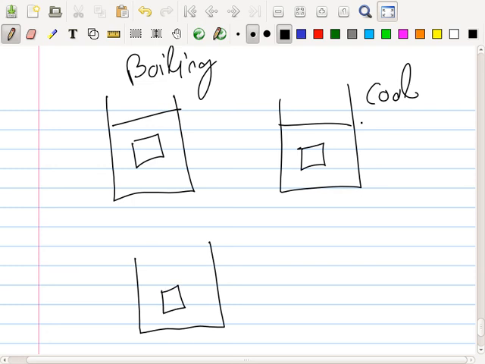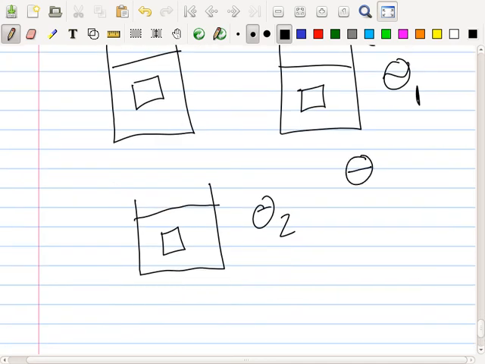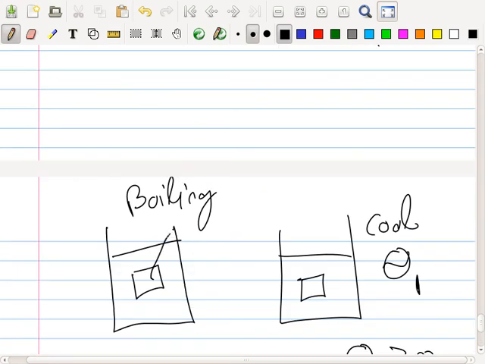So I'll call this temperature theta 1. And I'll call this temperature theta 2. Now, which will be bigger, theta 1 or theta 2? Theta 2. Yes, because I take this out and put it in here, and it will be 100 Celsius.